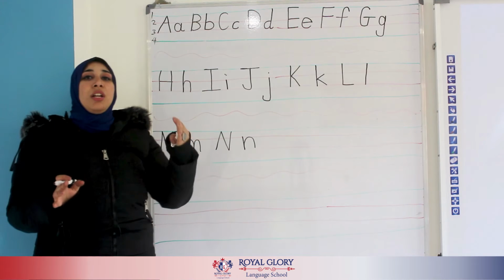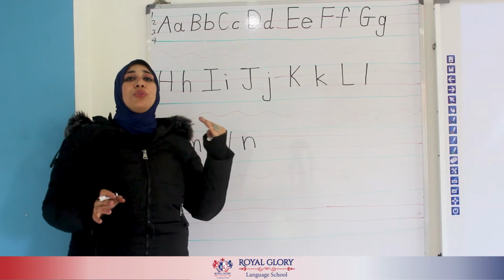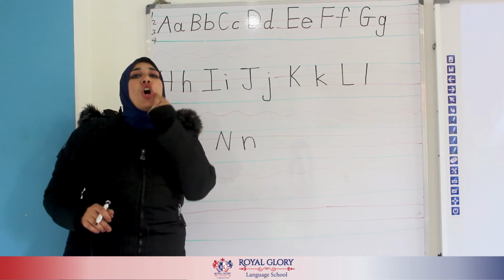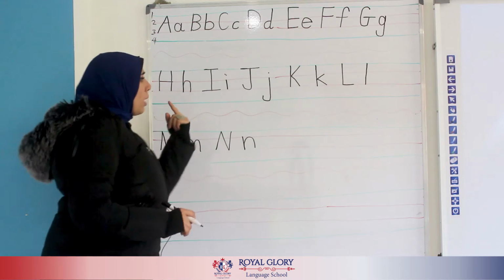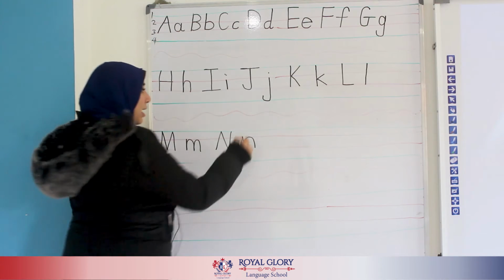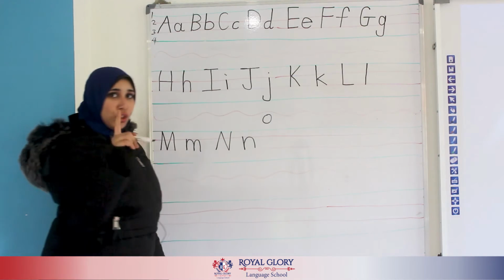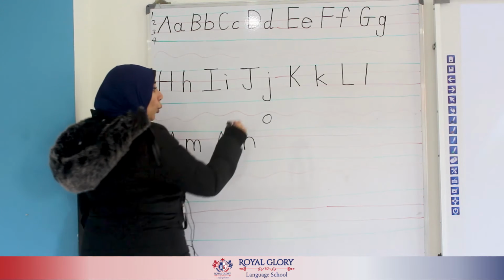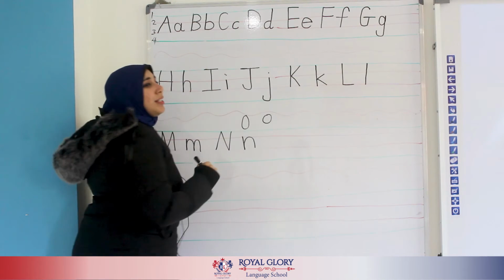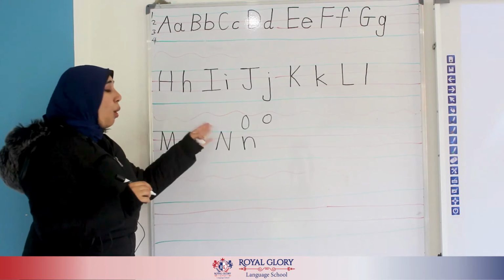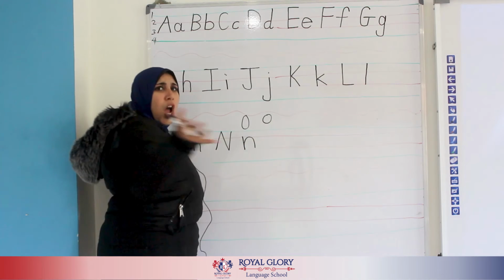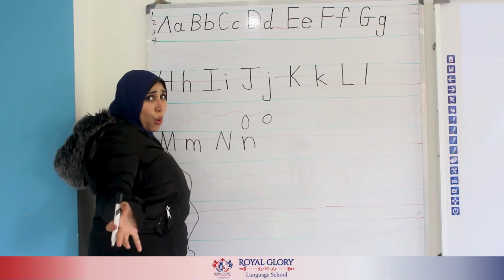After letter N, letter O. Sound O. Okay, how can I write it? Like this, circle? No. Oval? Yes. Okay, like oval. Okay, how can I write the upper case of letter O?